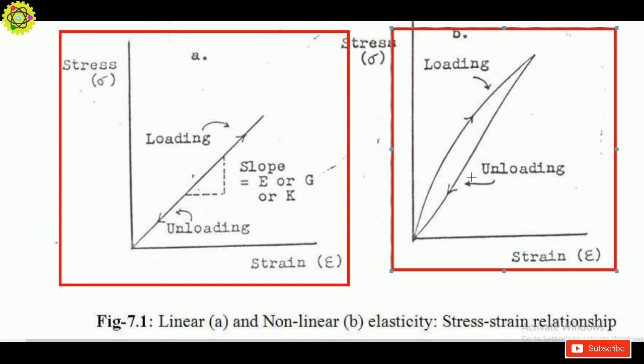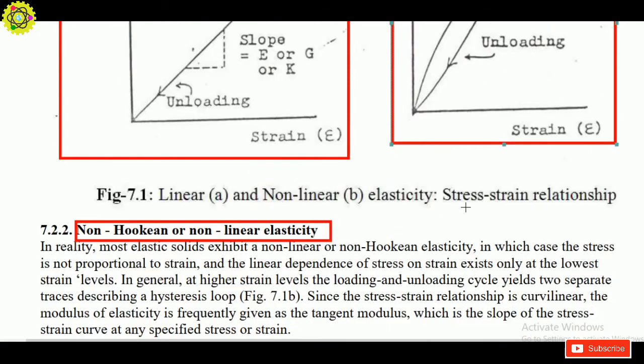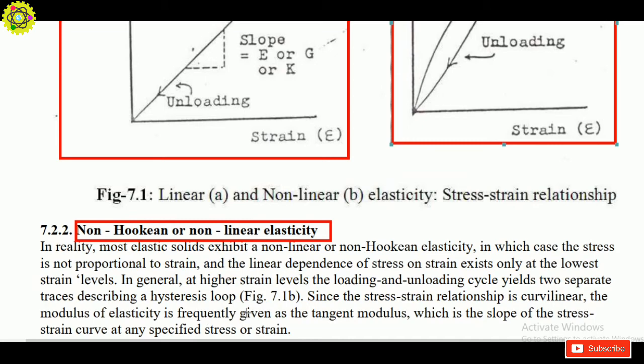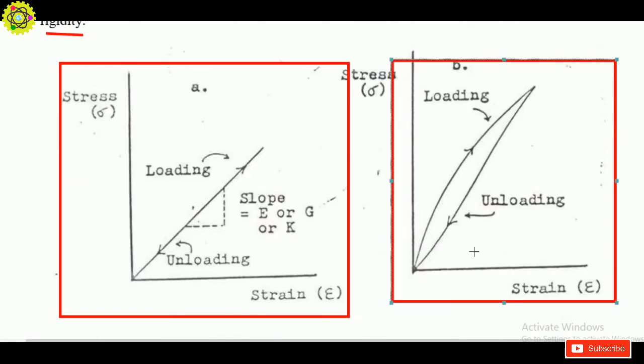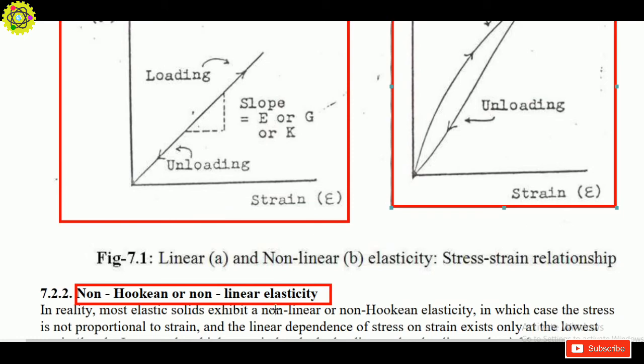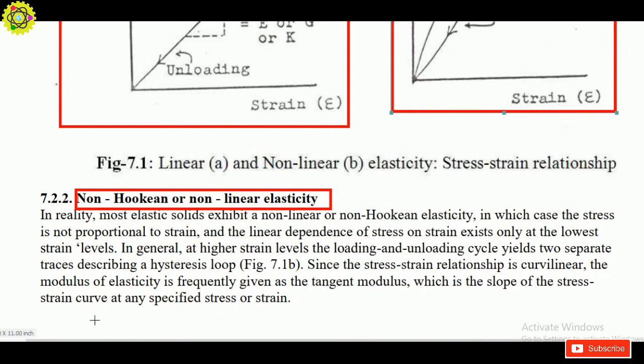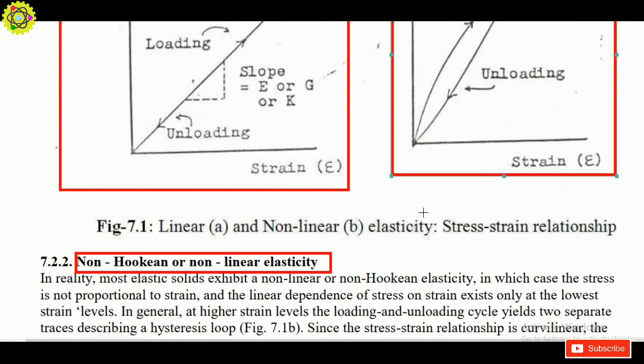This loop is called a hysteresis loop, as you can see here. The stress-strain relationship is curvilinear, and the modulus of elasticity for this particular non-linear elastic substance is given by the tangent modulus, which is the slope of the stress-strain curve at any specified stress or strain.